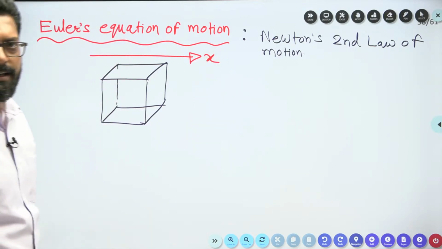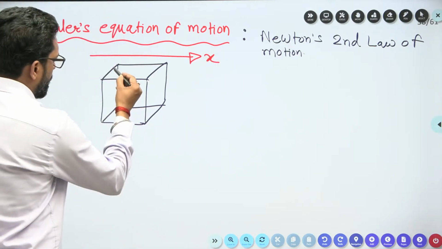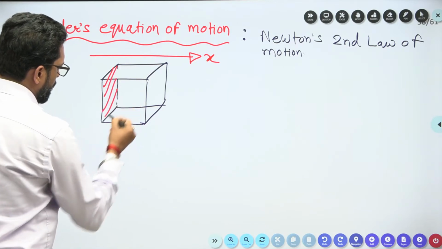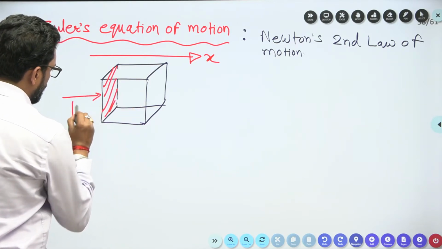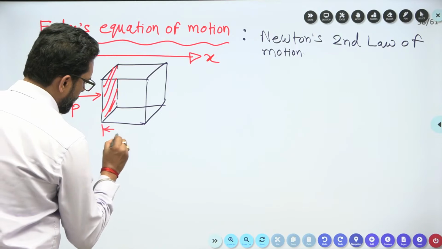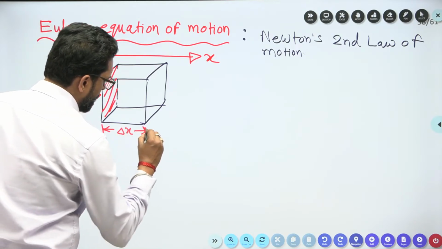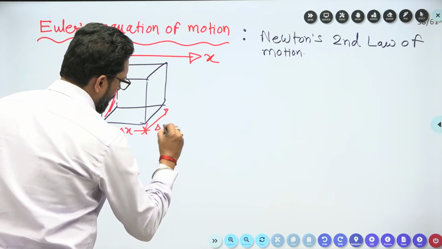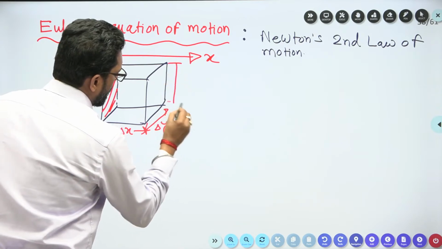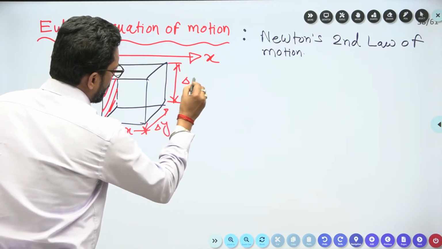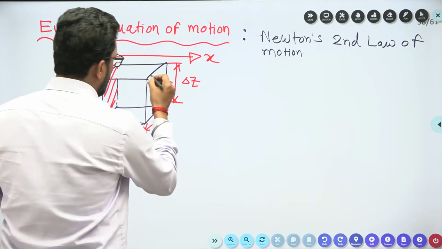we take only the x direction. The pressure exerted on the fluid on this side is P. The dimensions are delta x, delta y, delta z. This is a fluid element. So what is the pressure on the other side?